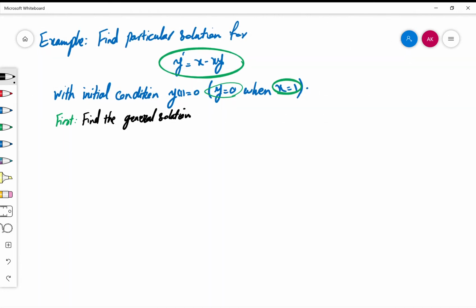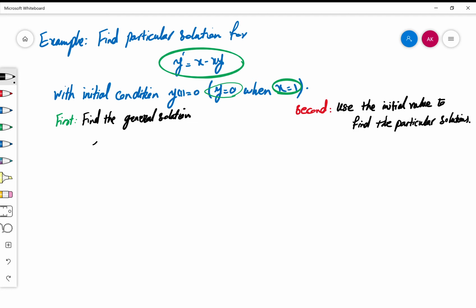This is a family, and then the second step is to use the initial value to find a particular solution. Okay, so let's start finding the general solution, or solving the differential equation.